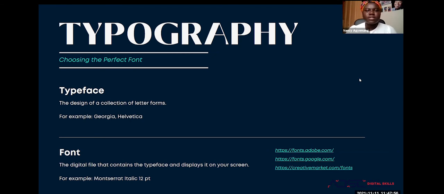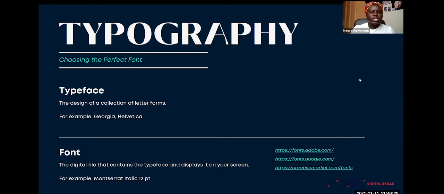So when we talk about typography, we have typeface and font. The typeface is basically the design of a collection of letter forms. So for example, we have Montserrat, we have Poppins, we have Georgia, we have Helvetica. These are all typefaces. And when we talk about fonts, we have the digital file that contains a typeface and displays it on your screen.